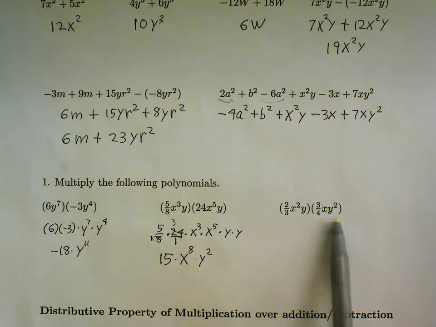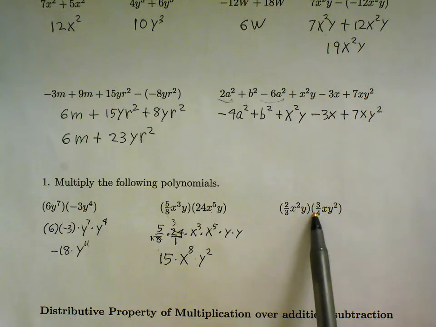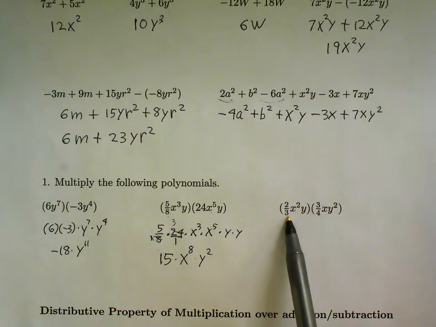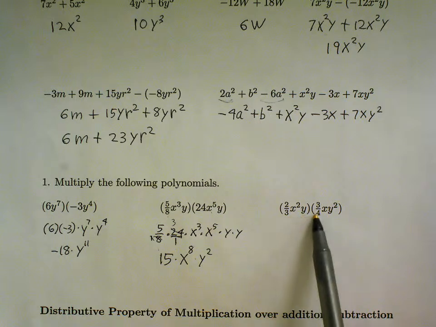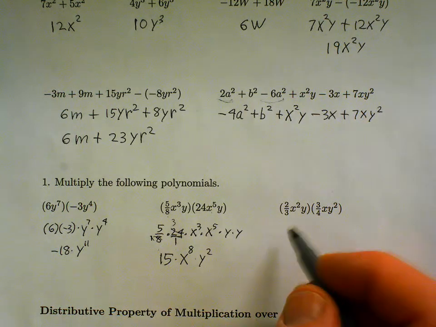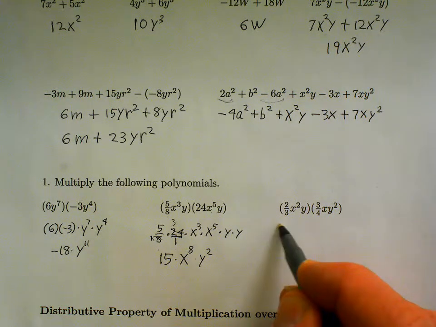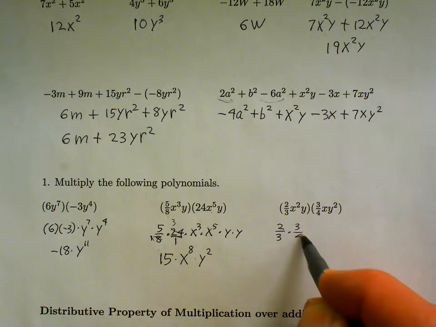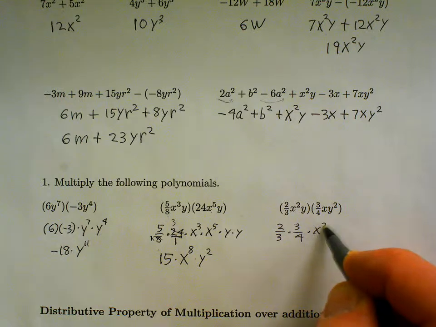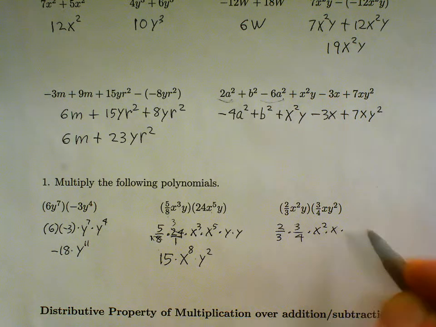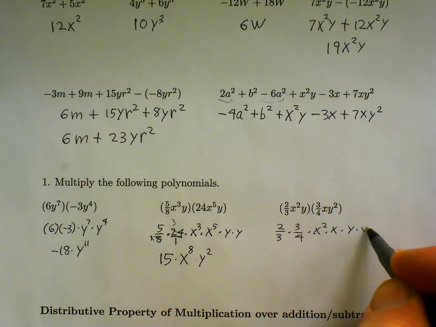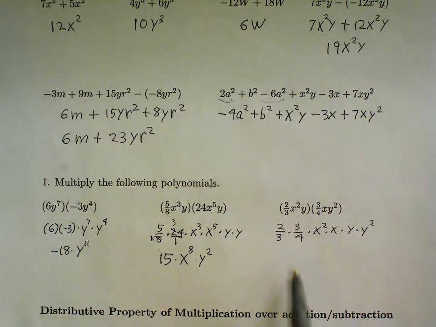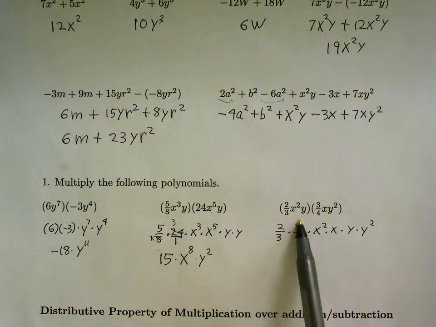Okay, the next one, we're multiplying 2/3 x to the second y times 3/4 x y to the second. Okay, rearrange the factors, so we can write this as 2/3 times 3/4 times x to the second times x times y to the second. 2/3 times 3/4 is 1/2.